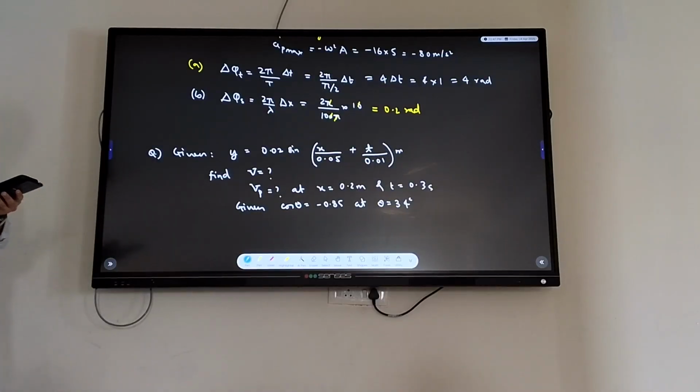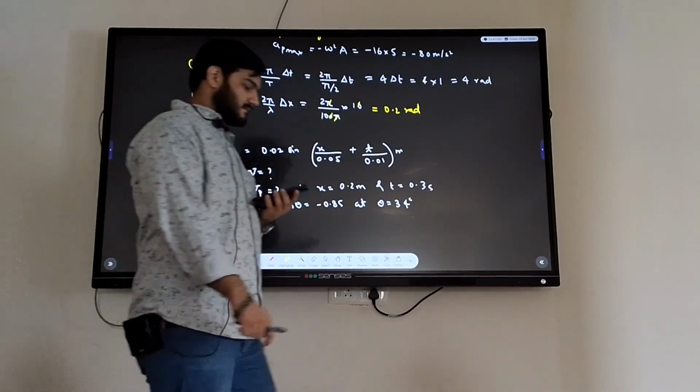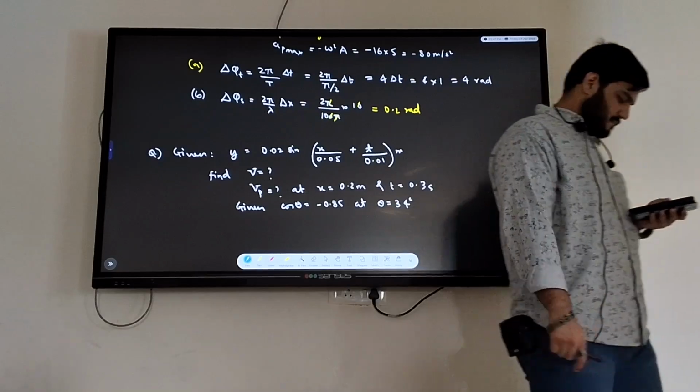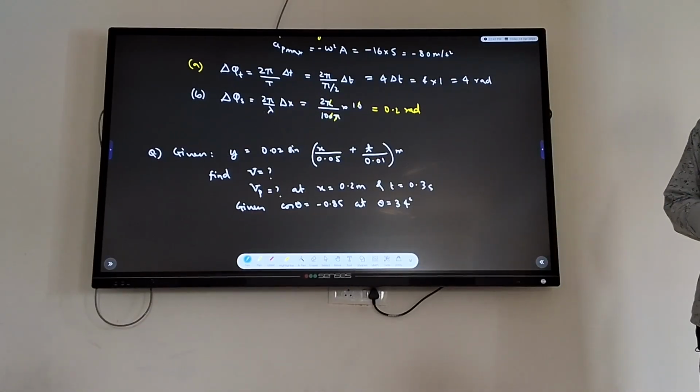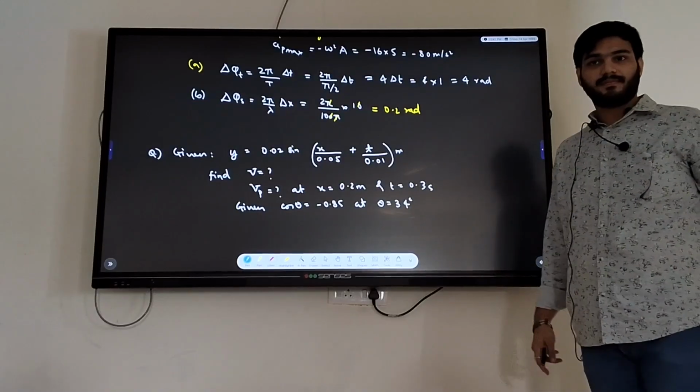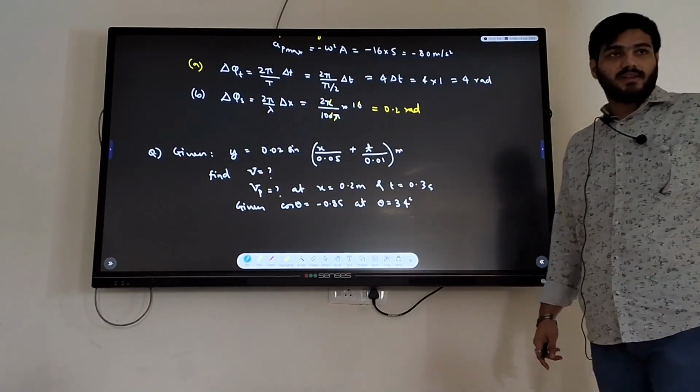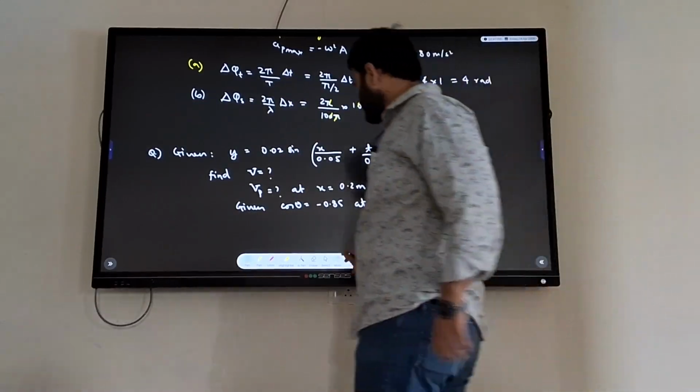So it's a very simple thing. Is it written? जल्दी जल्दी करो. I want to do this discussion on waves.